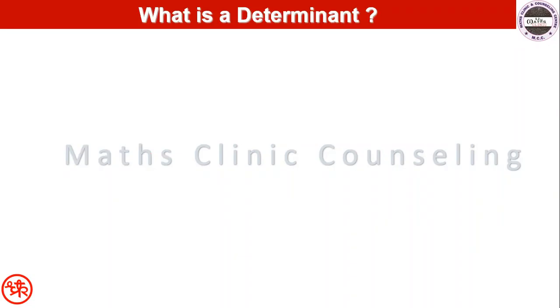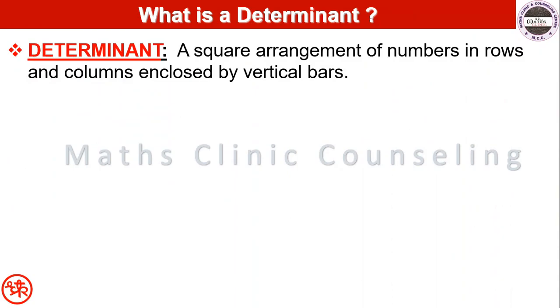So what was a determinant? A determinant is a square arrangement of numbers in rows and columns enclosed by vertical bars. Is that clear? Can you remember? Look at here: 1, 2, 3, 4. This was a determinant.